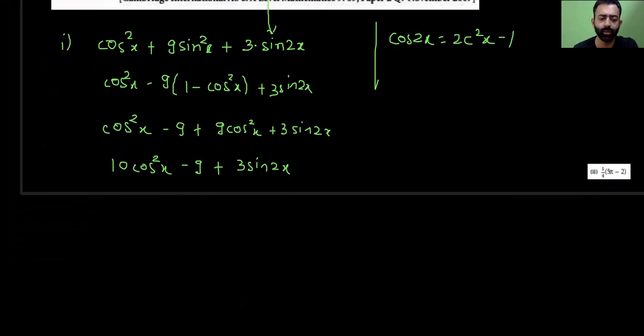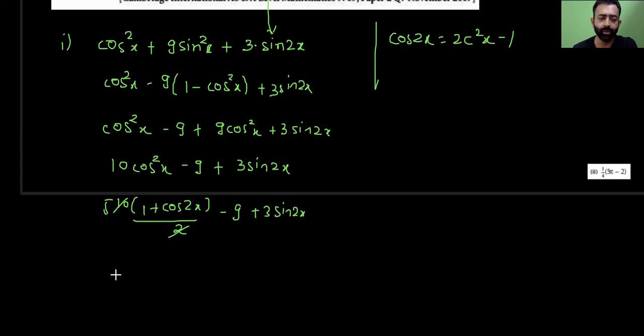Okay. Now double angle formulas means converting this cos square x into 10 times 1 plus cos 2x over 2, minus 9 plus 3 sin 2x.